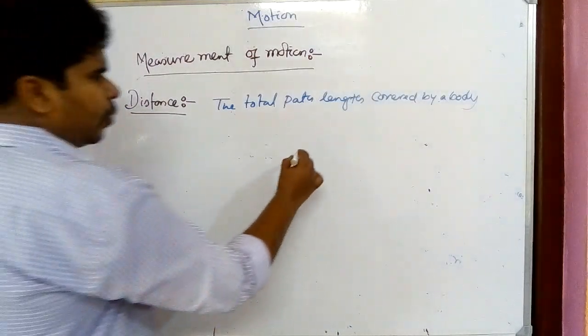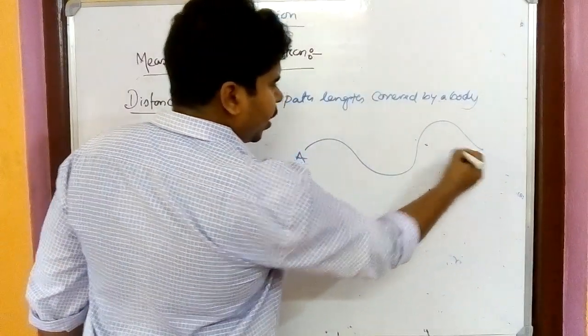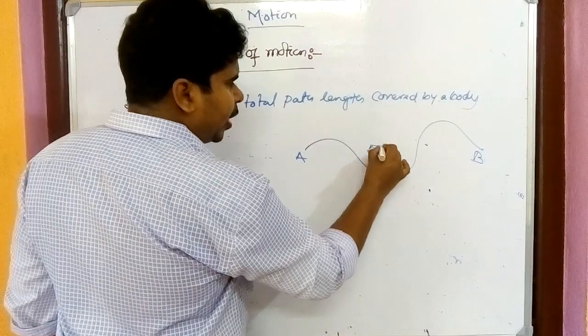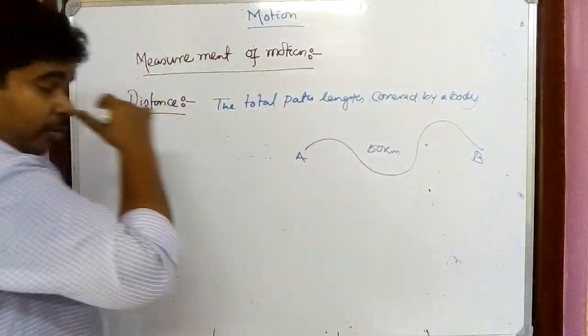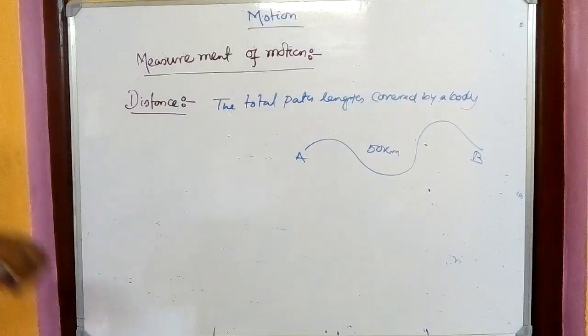So if a body moves along a path from A to B, assume the whole path length is 50 kilometer. A man starts from here and goes to the point B. So the total distance covered by the man is 50 kilometer.